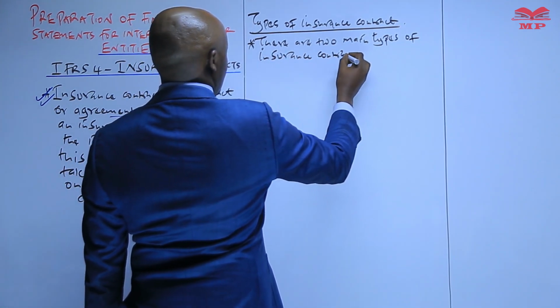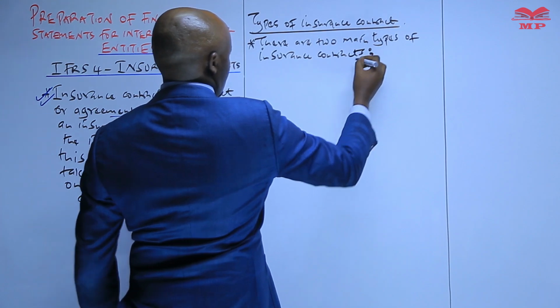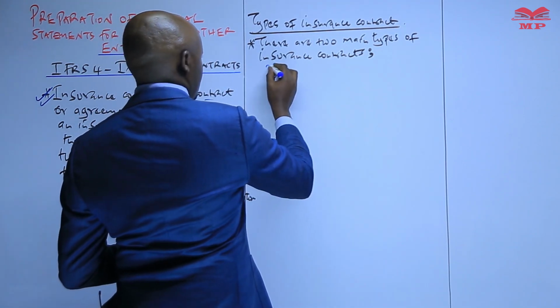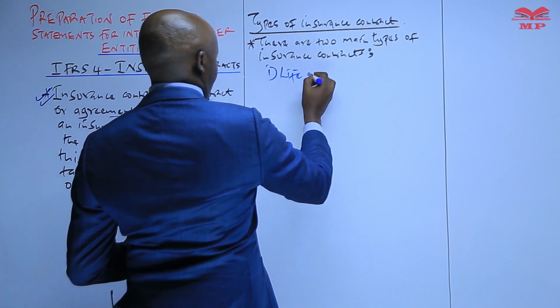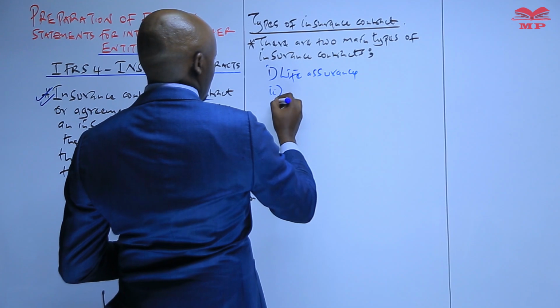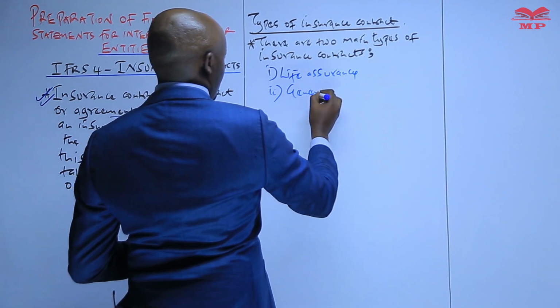And they include what? Number one, we have something called the life assurance, and number 2, we have the general insurance.